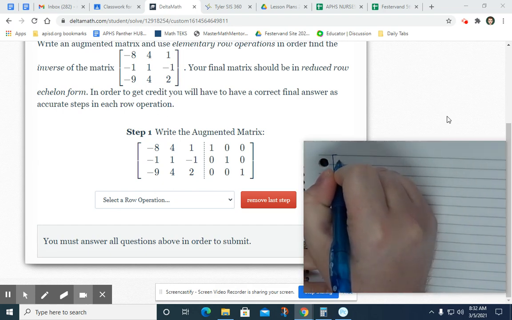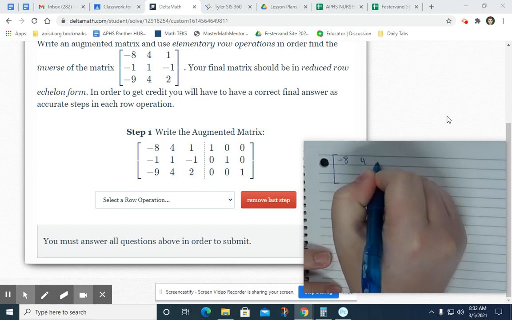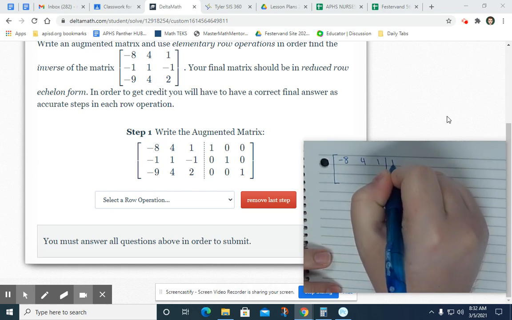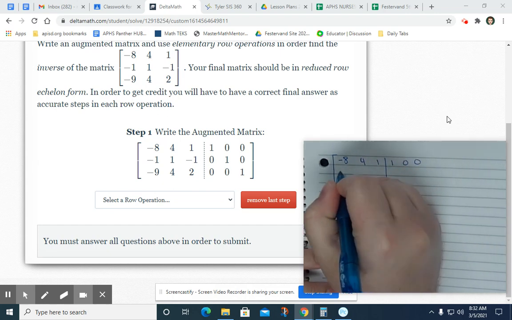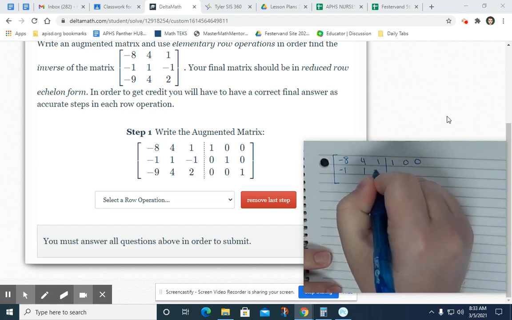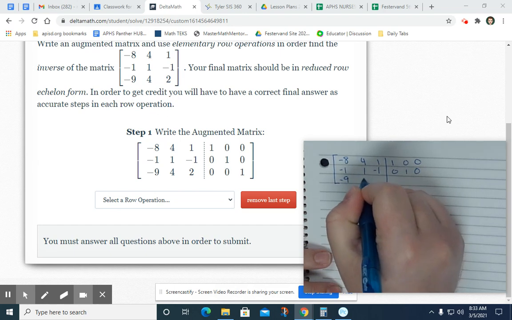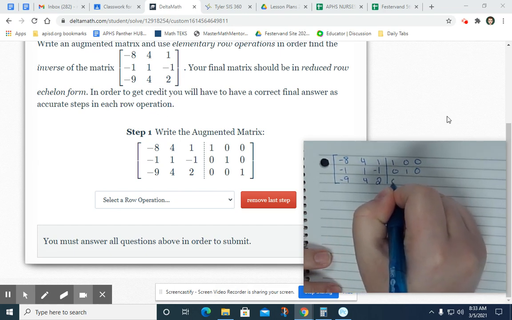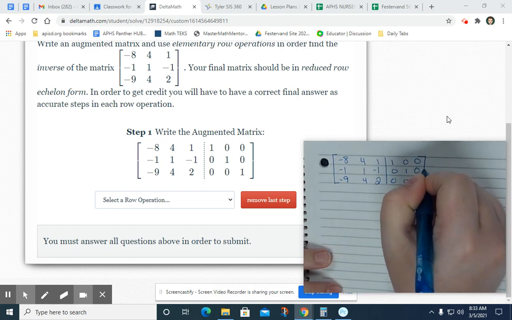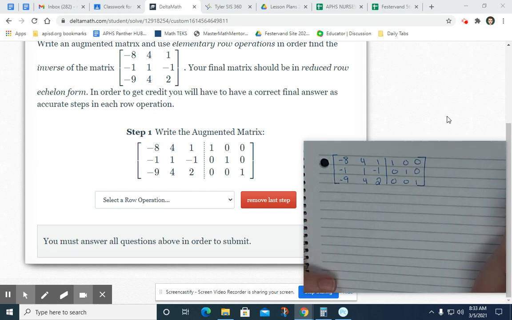I personally struggle with trying to keep track of my steps in the computer, so I am going to solve this matrix on paper and then transfer my steps over.